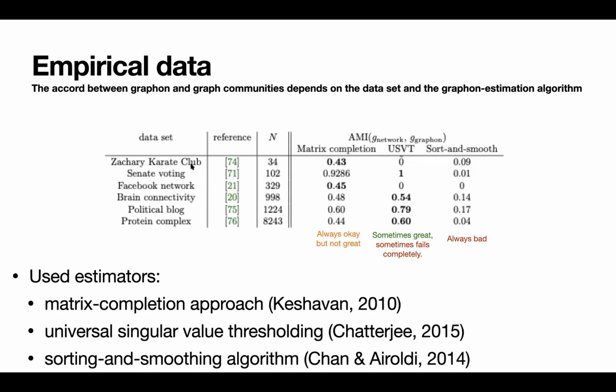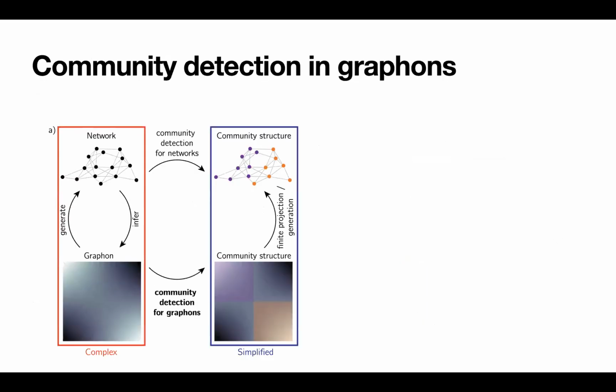For example, this happens for the Zachary Karate Club and the Facebook network. Then, of course, it cannot find any community structure, and the AMI is going to be 0. So this indicates that you can use this USVT approach, and if it gives you a result, it's probably quite decent. Whereas if it doesn't work, then you can use the matrix completion approach.